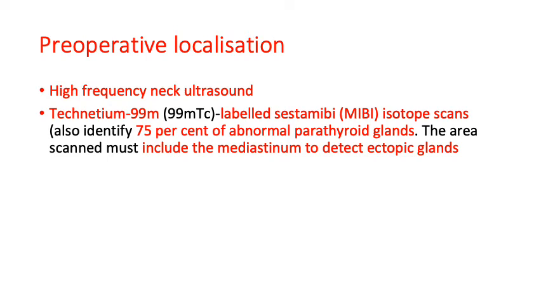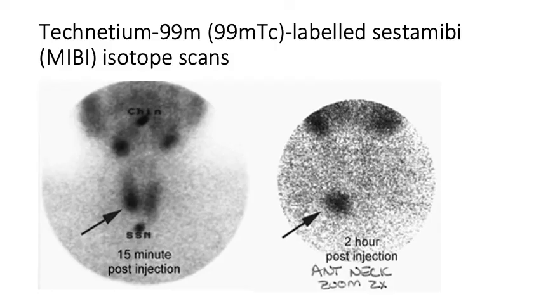So preoperative localization is very important, using a high frequency neck ultrasound. And also we have a technetium 99 labeled sestamibi isotope scan. This will identify 75% of abnormal parathyroid glands. The area scanned must include the mediastinum to detect an ectopic gland.